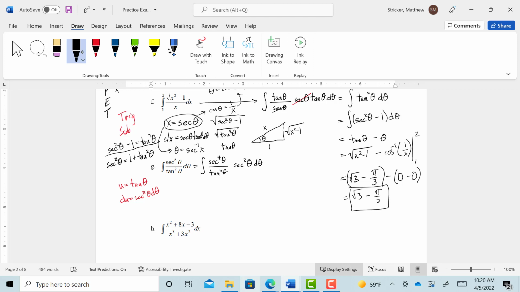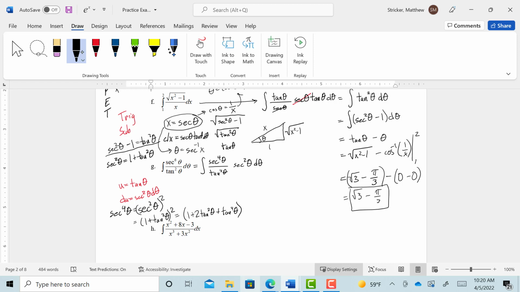So when we have secant to the 4th theta, that's like secant squared squared, and secant squared is 1 plus tangent squared. So instead of secant squared squared, we can write 1 plus tangent squared, squared. And when you square that, you get 1 plus 2 tangent squared plus tangent to the 4th.